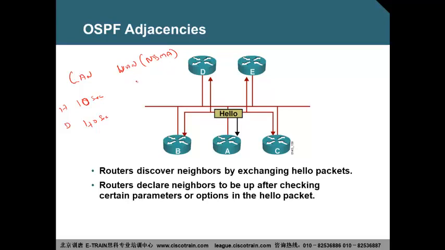NBMA stands for non-broadcast multi-access, which we will be covering in coming chapters. So the timers are different, but the hello packets are the same. Hello packets are going to carry certain parameters. And those parameters in detail are coming in the next chapter.